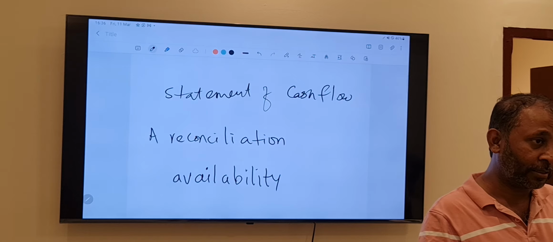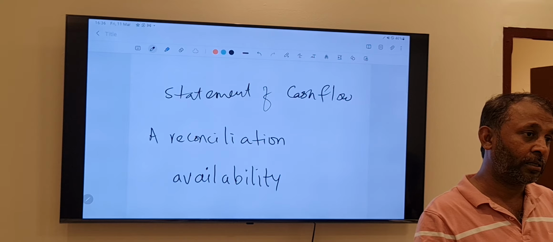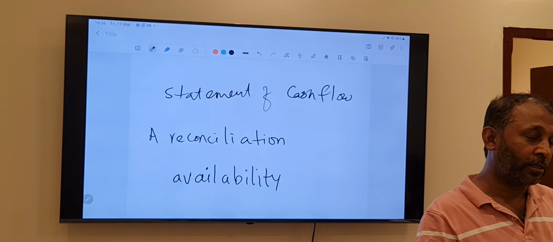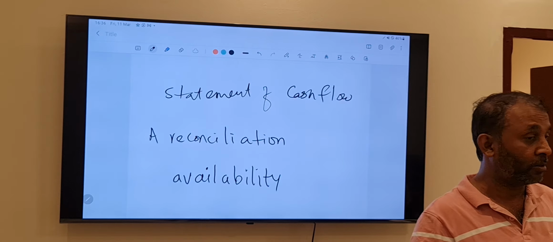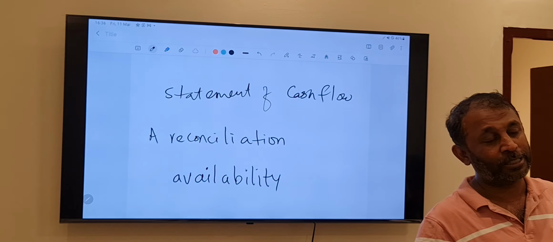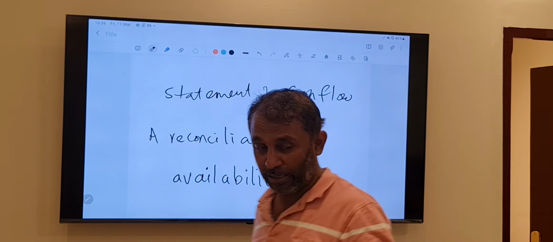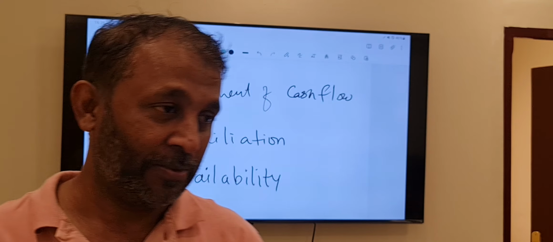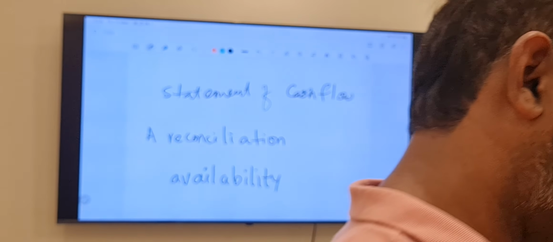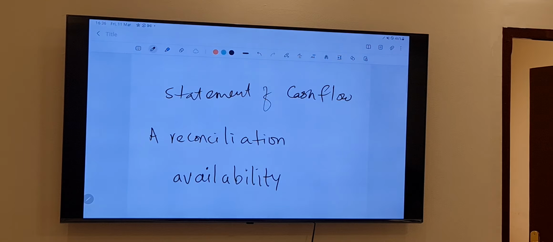Like the balance must be zero, not zero, that you see when we complete the calculation. Here there is a loss of 5,000. That's not the loss, that's the cash.